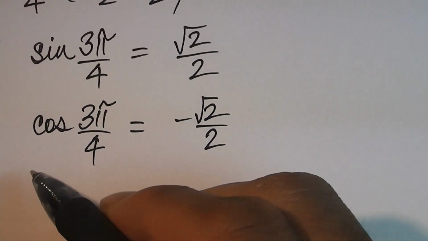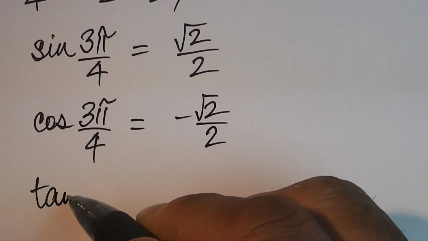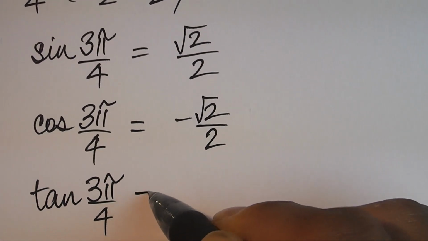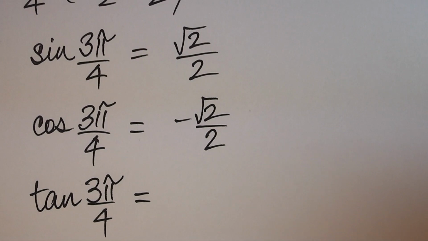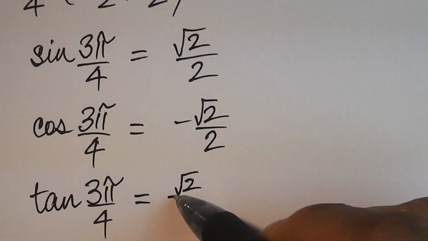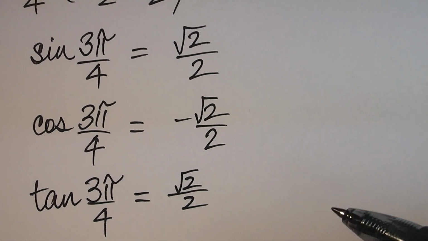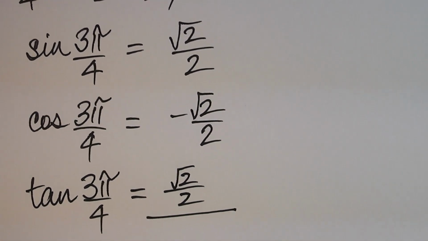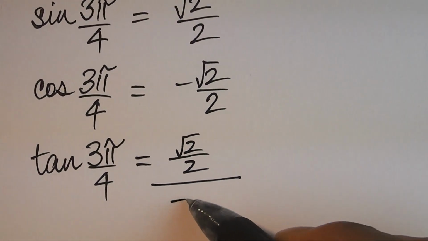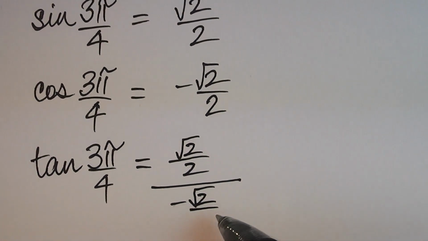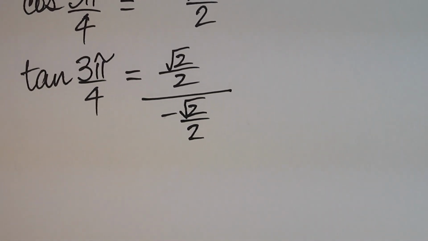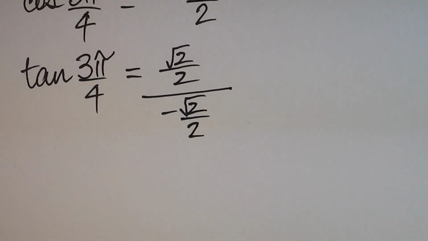So my third one is tan. Tan is sine over cosine. So if I do sine over cosine, I've got radical 2 over 2 divided by cosine. So sine divided by cos. Okay, so a little refresher on fraction division. First of all, there's two ways to look at it.